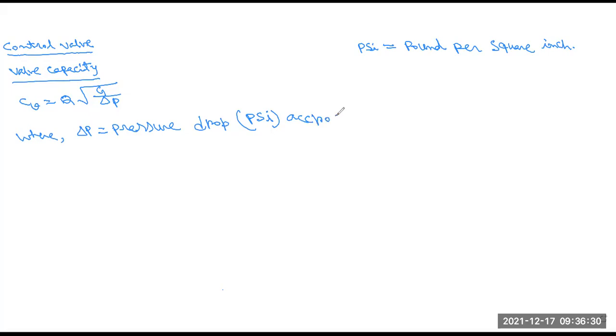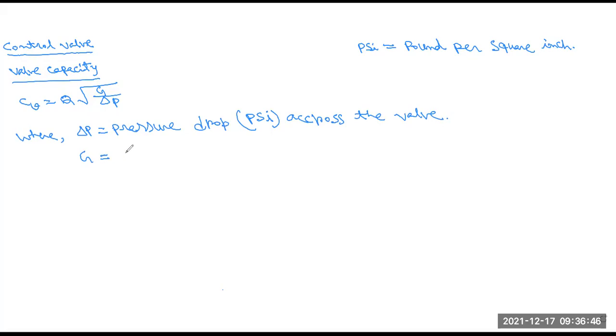Delta P is the pressure drop across the valve. And what is G? I gave the idea in the previous class.